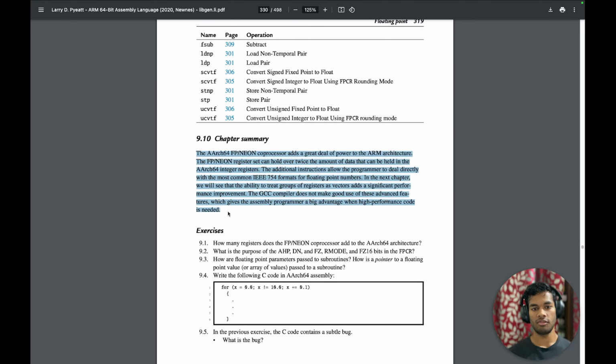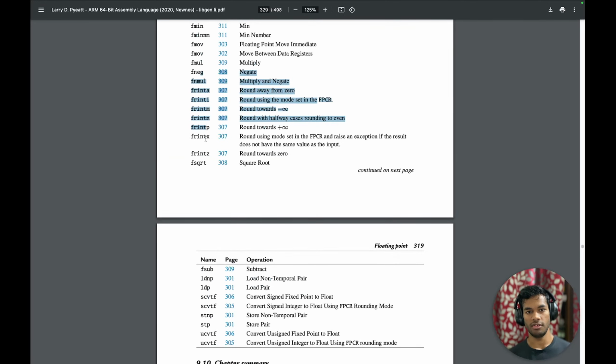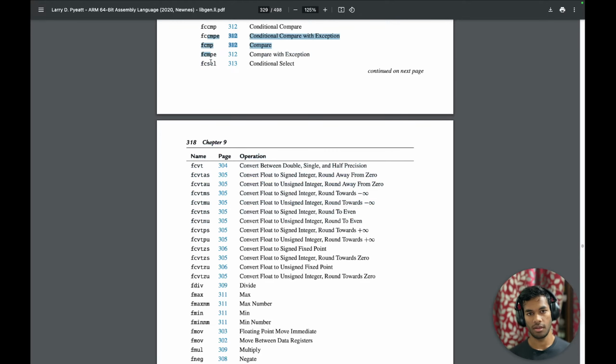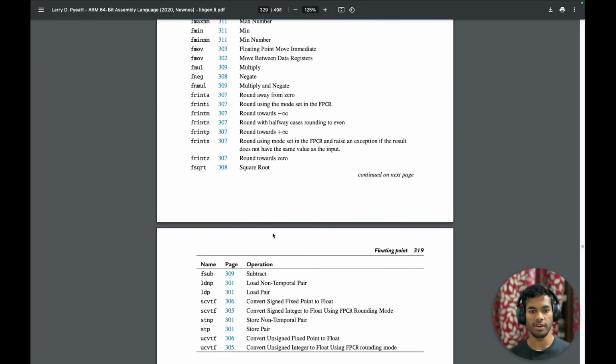Okay, in this chapter, we came to know how we can use the vector registers for performing floating point operations, right? All of these are floating point instructions and moving instructions to move things from integer registers to the floating point registers, to the vector registers.